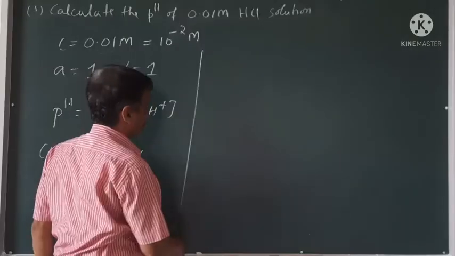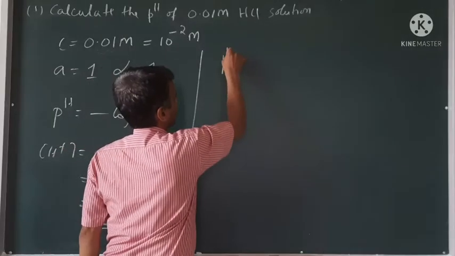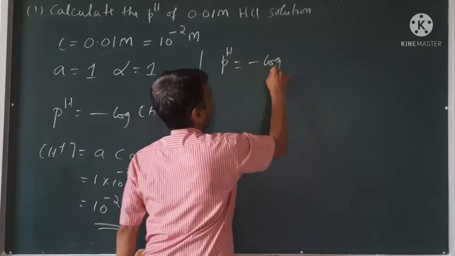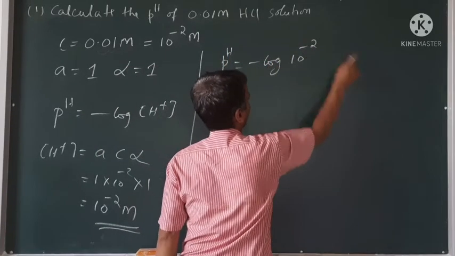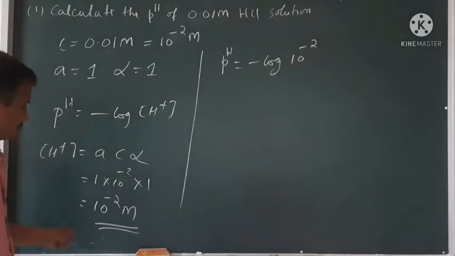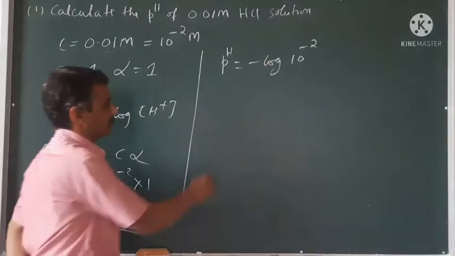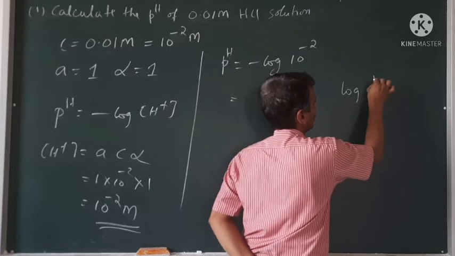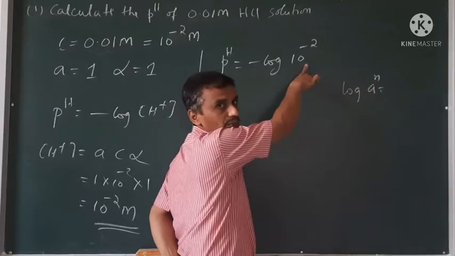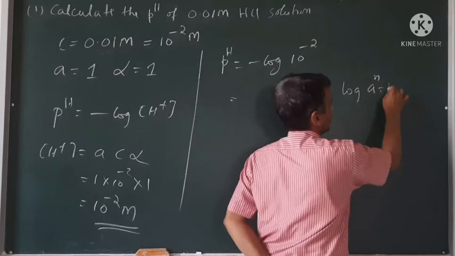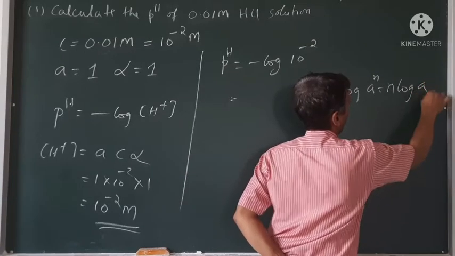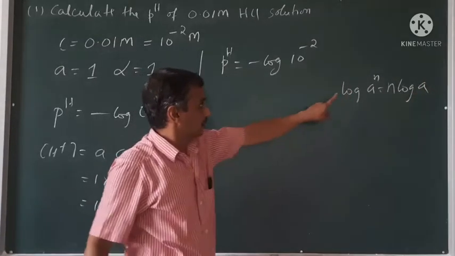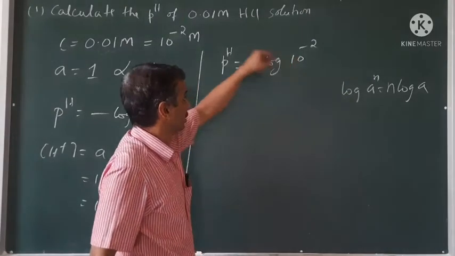Now substitute: pH is equal to negative logarithm of 10 to the power minus 2. Now, I have the log A to the power n formula. It is n log A. Use this formula to calculate this.